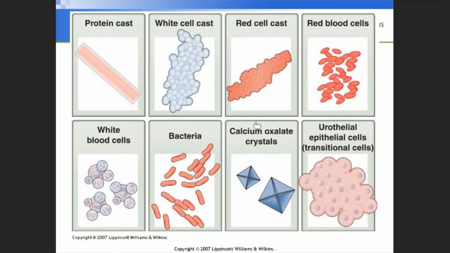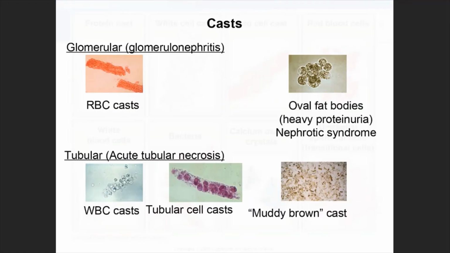So if you see that, that's usually congenital disease. Other casts, like you see right here: white blood cell cast, tubular cell cast, and muddy brown cast. Tubular cell cast suggests the defacing of the renal tubule due to ischemia or nephrotoxin.